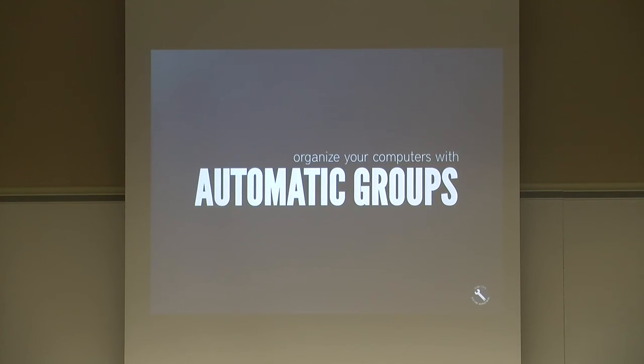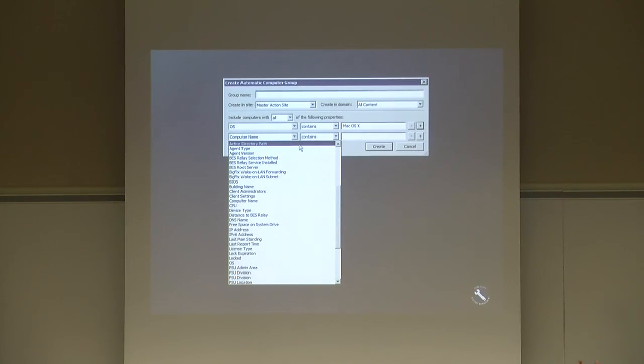If you have automatic groups, the computer does what it says. It automatically goes into the group, and if it dies, it'll leave, and you don't have to do anything. So when you set tasks to specific groups, you don't have to worry about orphaned actions. They're really easy to set.